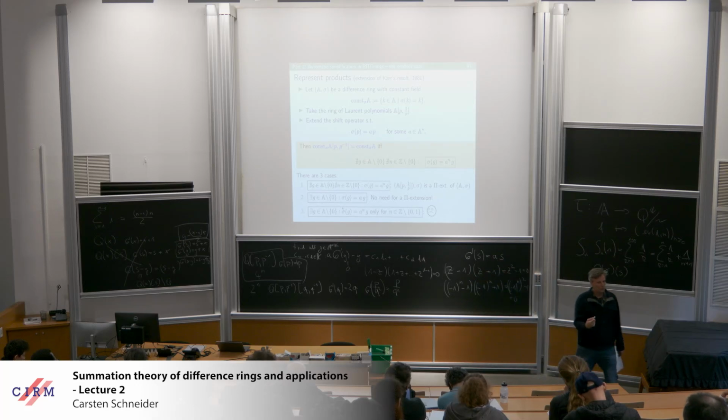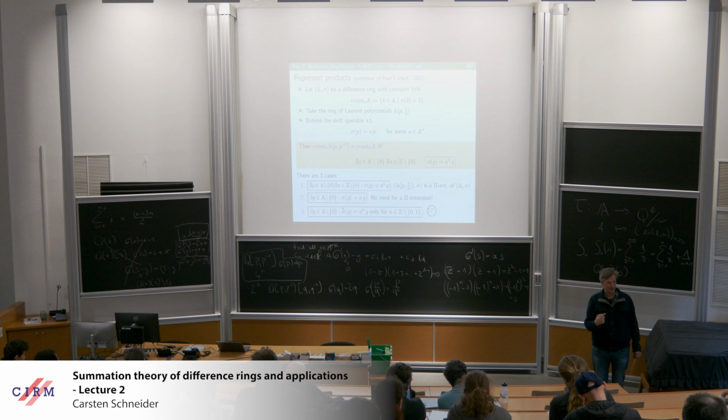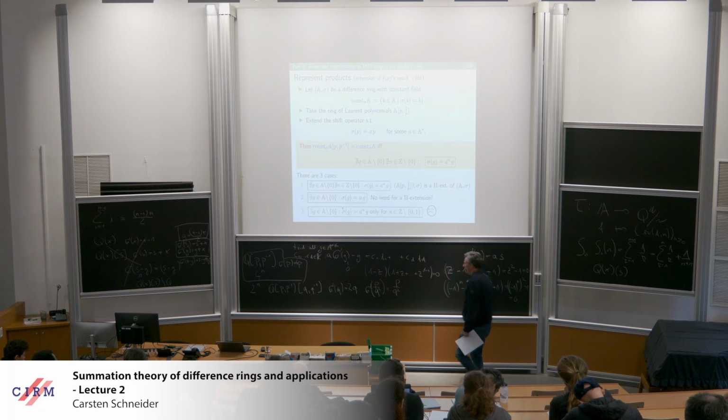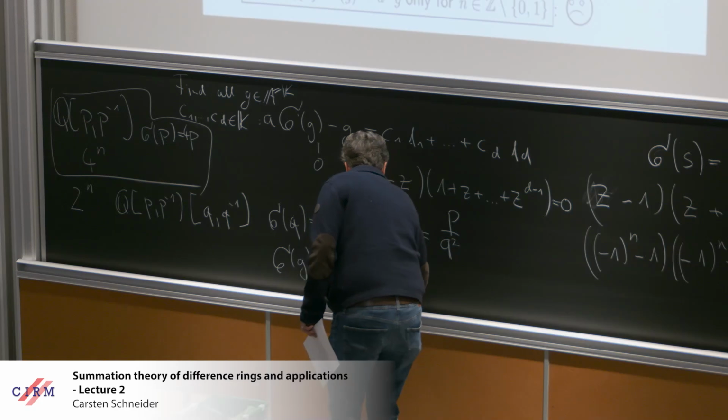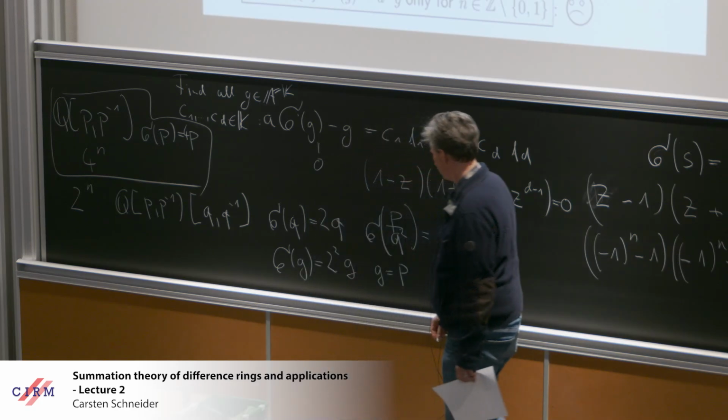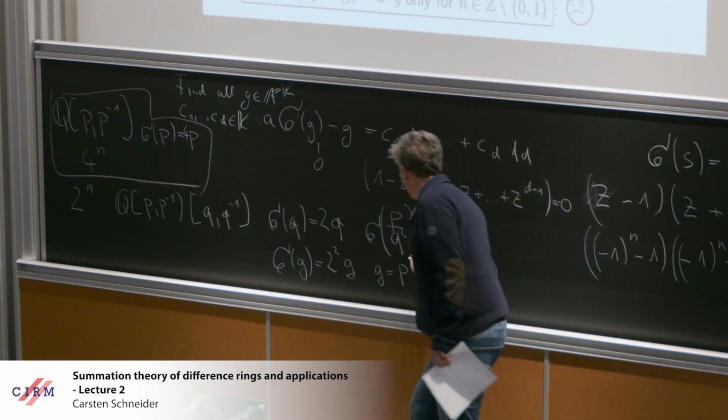This power of 2 is a spoiler. And I cannot take the root of a rational, of a variable. This is not allowed in a rational function field. And this is exactly the problem. I find sigma g equals 2 squared times g, namely g equals p squared.